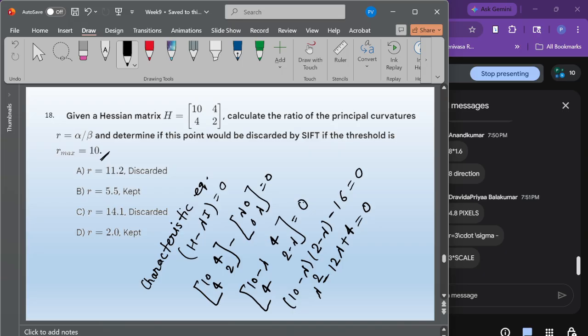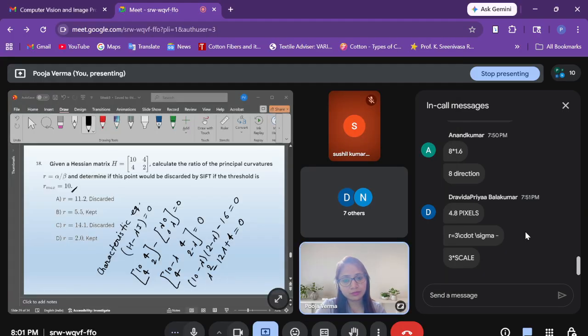Those are the principal curvatures. So how can we find out the lambda values? Anyone? Can you calculate and let me know what will be the values for alpha and beta, or you can say the maximum or minimum value, or the eigenvalues?